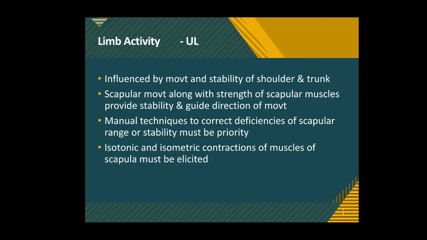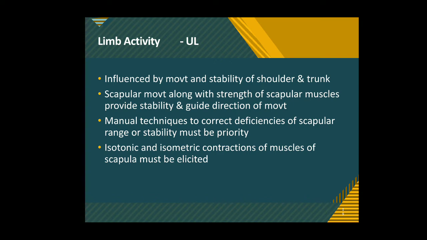Now we will go about learning the limb activities for the upper extremity. Majorly, the upper limb activities are influenced by movement and stability of the shoulder and upper trunk. When we talk about upper limb movements, the scapula comes into the picture, and scapular movement along with the strength of the scapular muscles is necessary to provide stability as well as to guide the direction of movement of the upper limb.